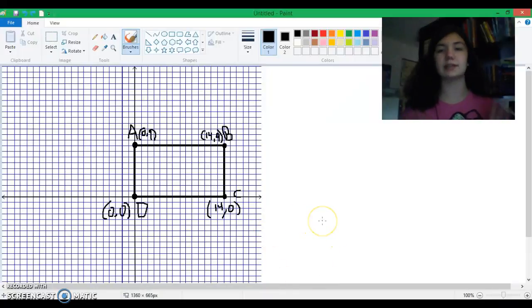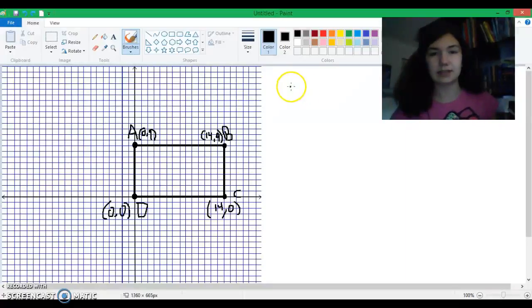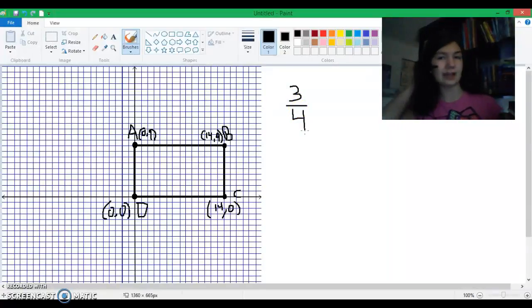Okay, before we begin, let's talk about scale factors. Scale factors are what determine if the dilation is bigger or smaller than the original image, or the pre-image. Now, if it's, let's say, 3/4, that is a fraction less than 1.